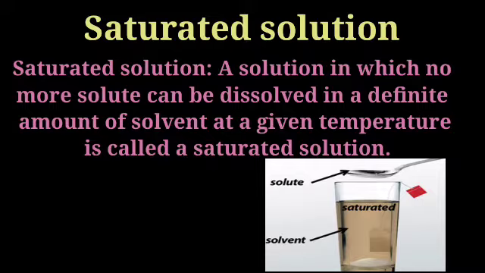And this is the example of saturated solution. Again, I want to make you understand: the solution in which no more solute can be dissolved is called saturated solution, because its intermolecular spaces are already occupied by the solute particles.